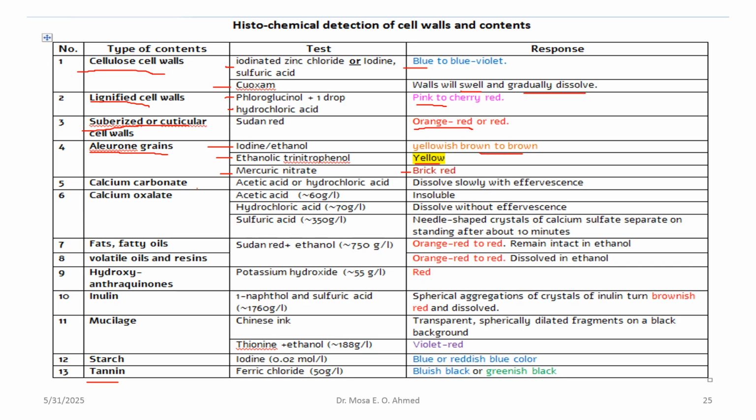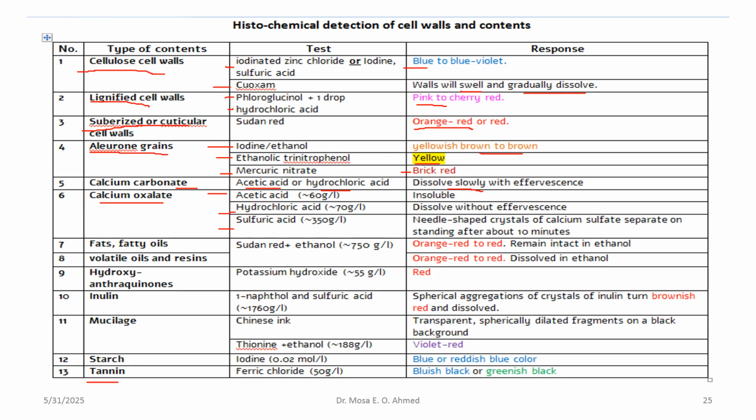Calcium carbonate's presence can be detected by using acetic acid and HCl solution. When we add this reagent to a sample containing calcium carbonate, the calcium carbonate dissolves slowly, forming effervescence. While calcium oxalate can be tested by three different reagents: acetic acid, HCl, or sulfuric acid.